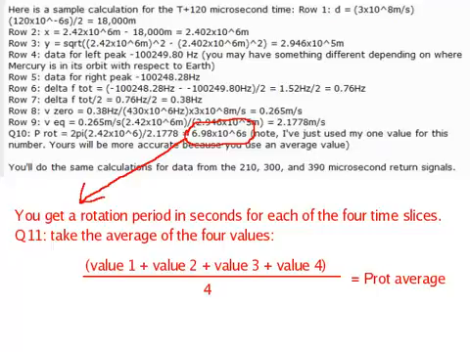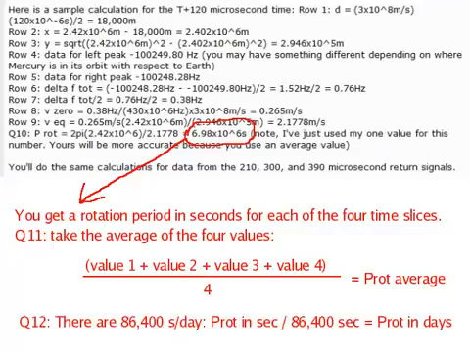So then you would just convert your P rotational in seconds and divide that by 86,400 seconds, and that'll give you the rotational period in days. So that's in question 12.